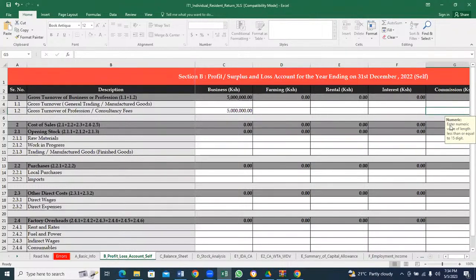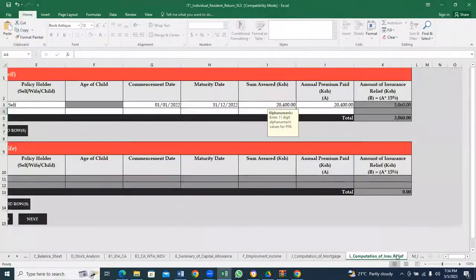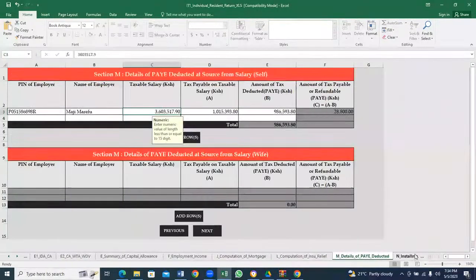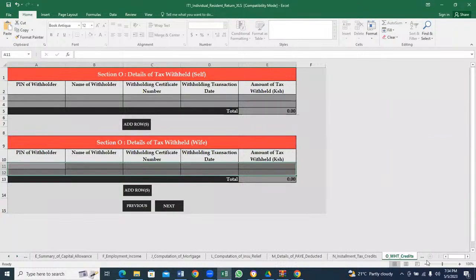Then utaclaim expenses total as long as you have receipts. Then ile pesa yenye imesha withholdiwa na your insurance company utakuja kuiclaim kwa hii sheet ya mwisho. You'll be able to claim it in the last sheet and upload your return. Ipo tu rahisi.